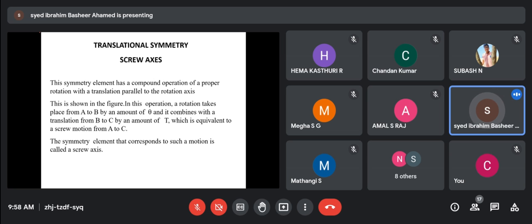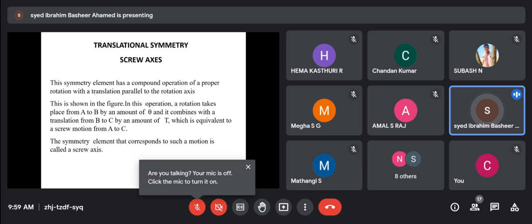So these are translation-free symmetry operations. Now we are going to see 2 symmetry operations which involve translation. Okay, it will use all the symmetry operations along with translation.